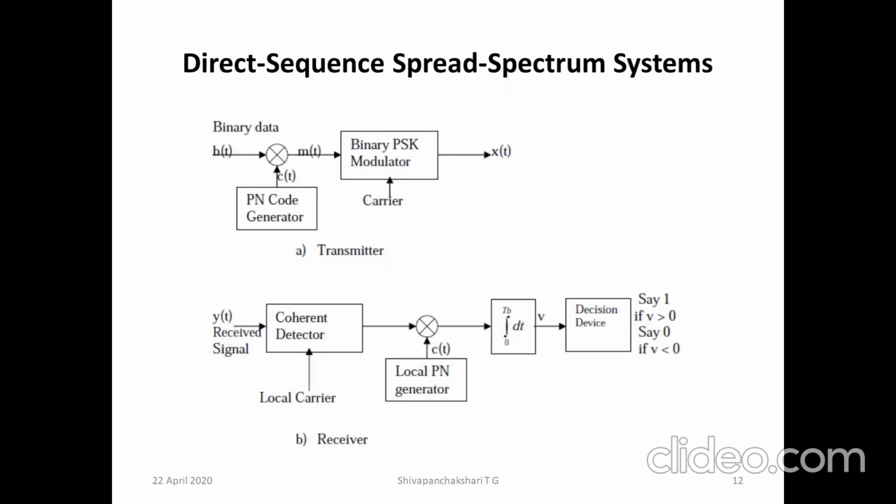Second one is frequency hopping spread spectrum. The direct sequence spread spectrum is a very simple one. But one problem in this one is it cannot occupy a very wide range of spectrum by using a maximum length sequence because of its hardware limitation.